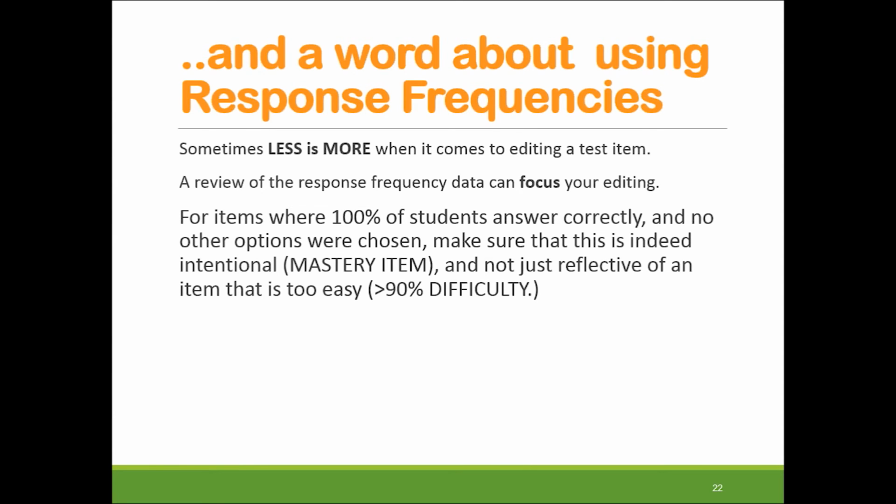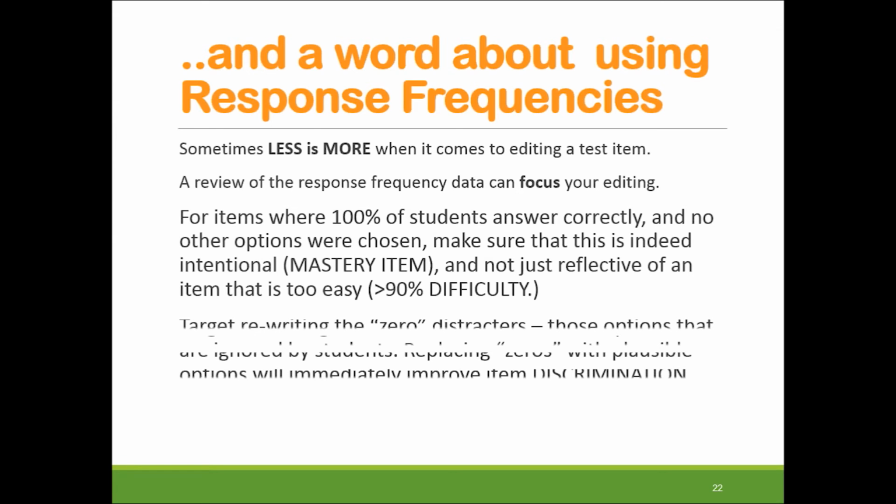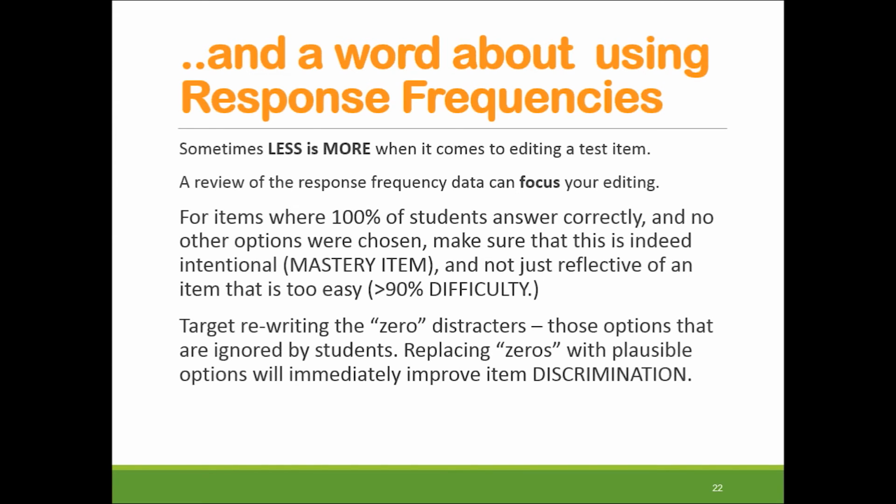So one of the things I'd say about this is when you have 100% of the students answering correctly, first make that judgment. Was this a mastery item or is this item too easy? If it's a mastery item, you should have removed it from analysis because it's handled separately. If it's too easy, then that's an indication that you've got some rewriting ahead of you. Target the rewriting for 0 distractors, the options where 0 students are making that selection.